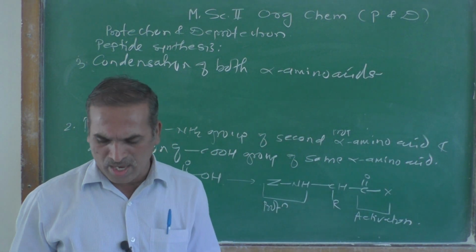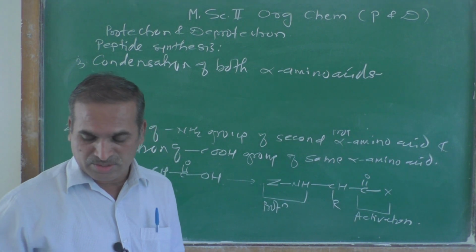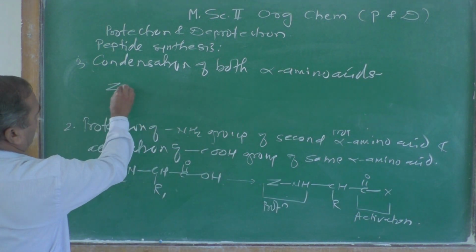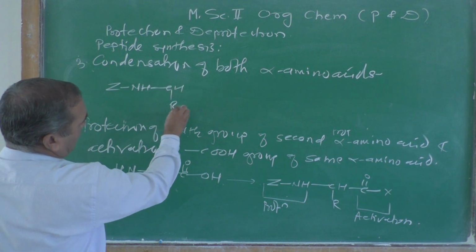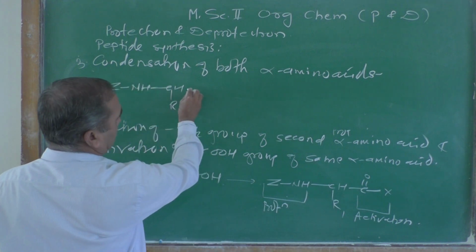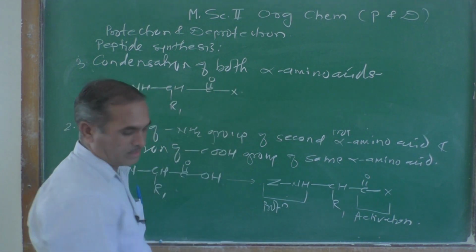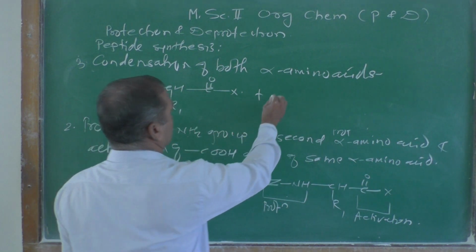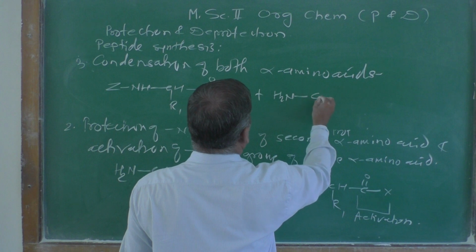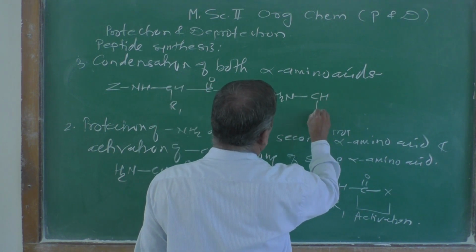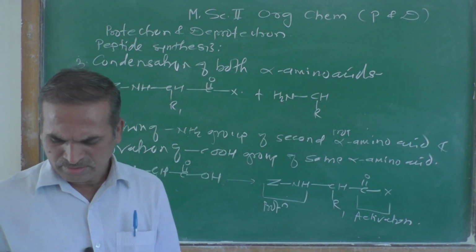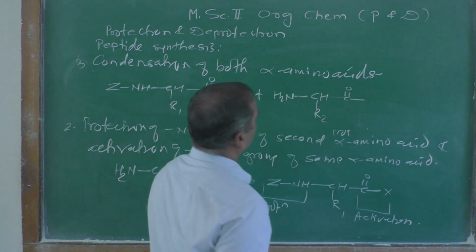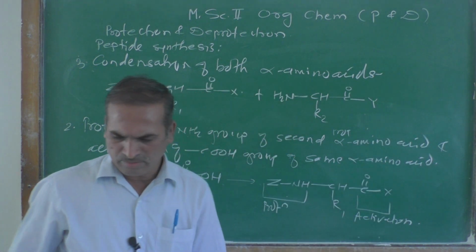As we know, this one is Z, then NH, CH, R1, here you can consider R1, then C double bond O, X is activated over here, and now it will be treated with the first one, this H2N, then CH, R2, then C double bond O, and here will be the Y, right?